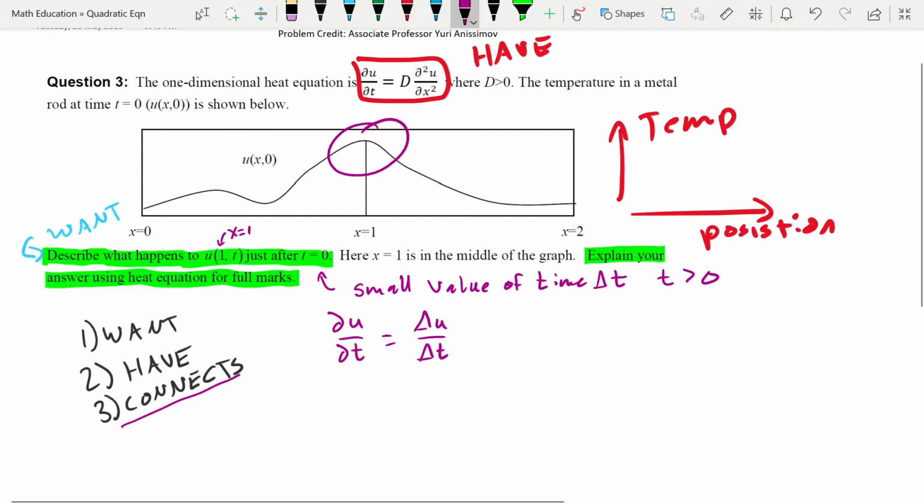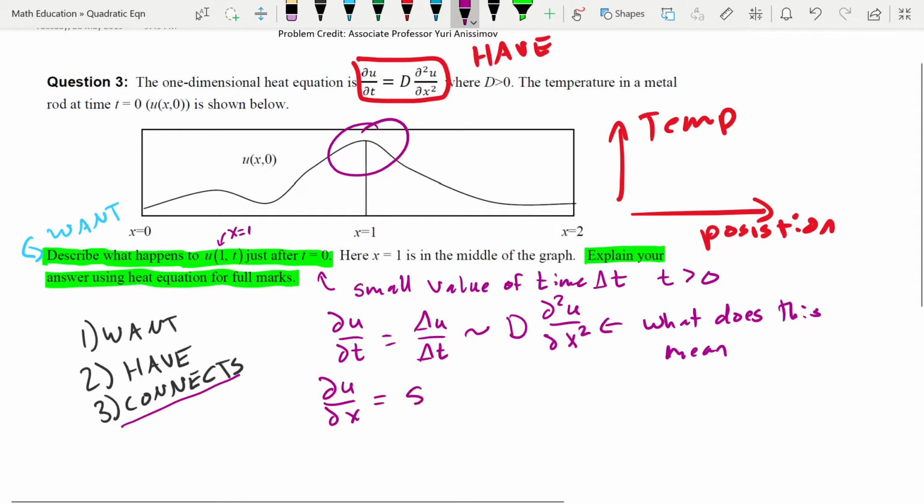And we know from this equation that this is going to be approximately equal to, and let's draw that a little bit better, this diffusion coefficient times the second derivative of u with respect to x. And in particular, we're interested at x is equal to 1. So what does this mean? The first derivative, if we were looking at partial of u, partial of x, is equal to a slope.